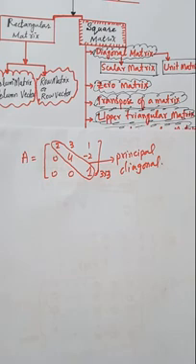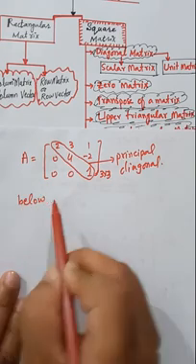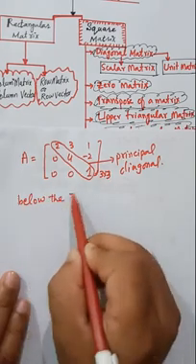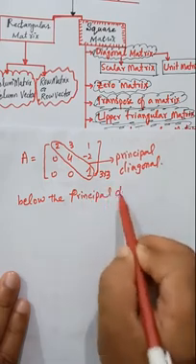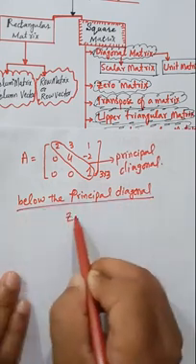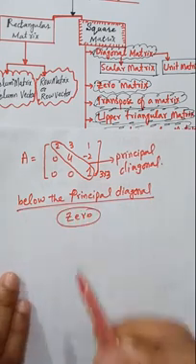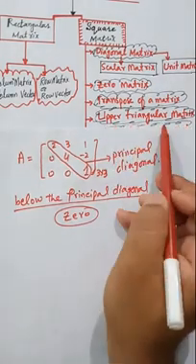So such types of matrices, in which all the elements below the principal diagonal are 0, are called upper triangular matrices.